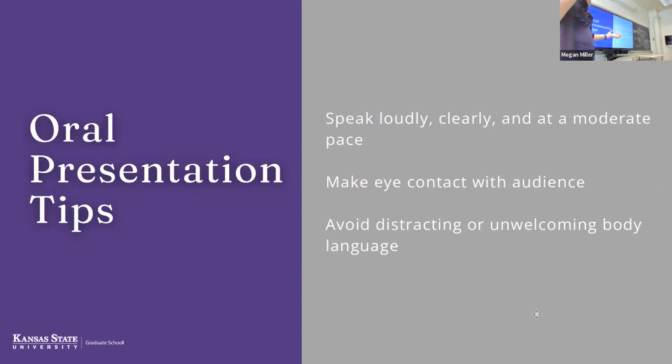Make sure you're not speaking too fast or too slow. Make eye contact with your audience. As I mentioned before, make sure you're not moving around too much, standing like a statue, or doing other distracting or awkward things physically.